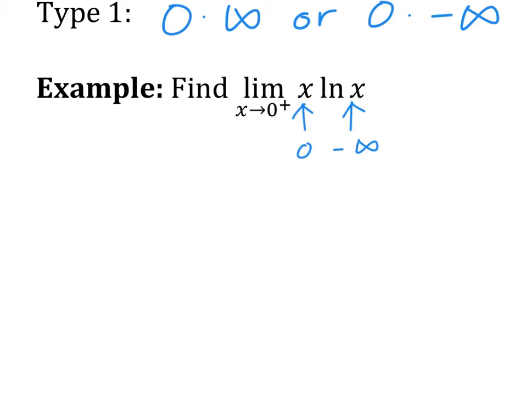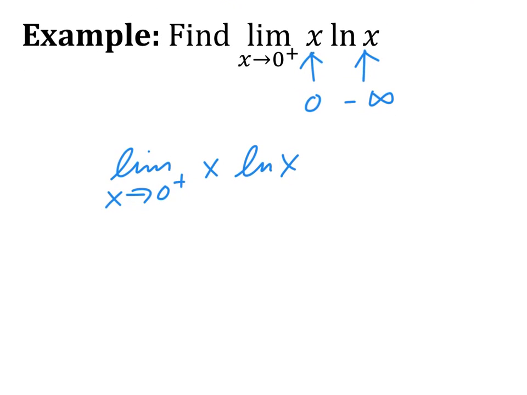Indeterminate form, which is 0 over 0 or infinity over infinity. So we have to force this 0 times negative infinity to look like 0 over 0 or infinity over infinity. Okay, so here's what you do. Okay, I'm going to write this question again. You don't have to write that again. Okay, so what we're going to do is make it into a quotient.